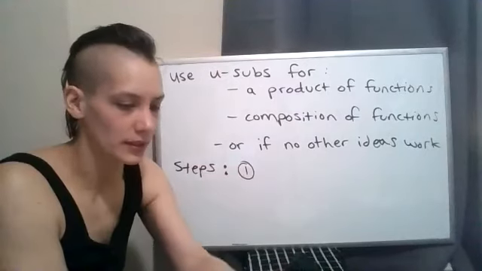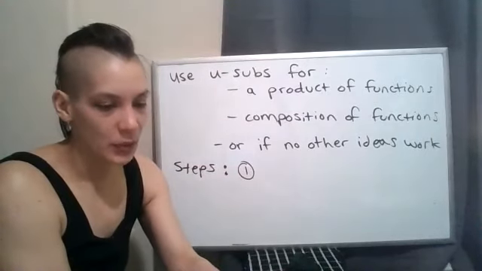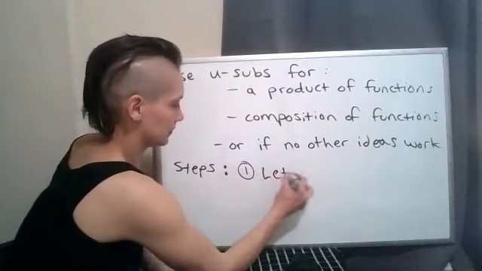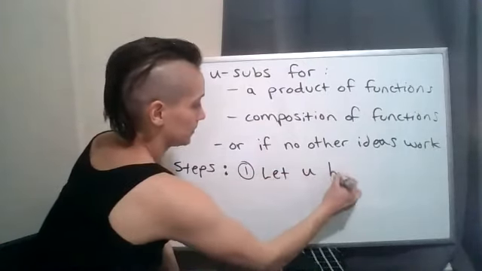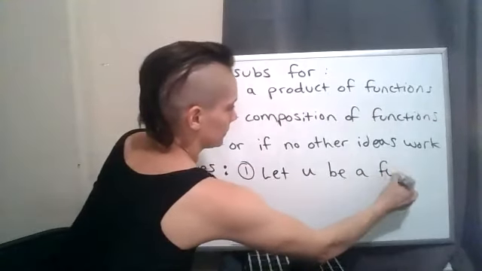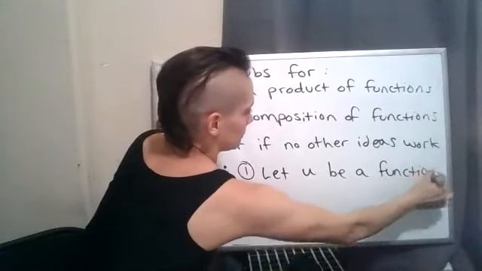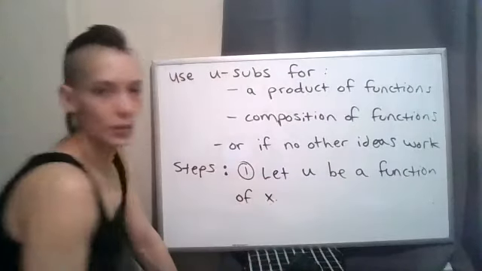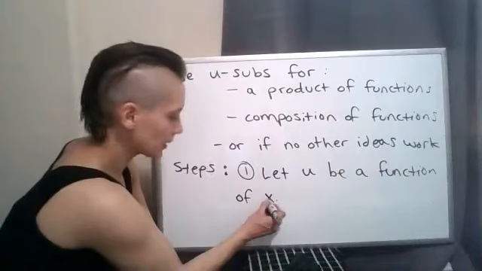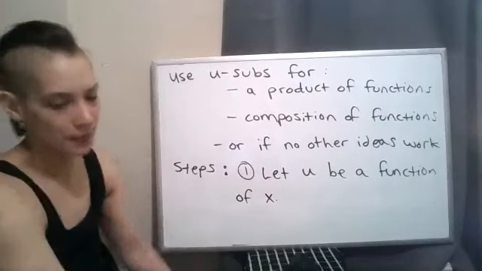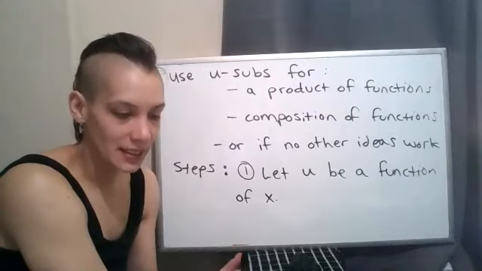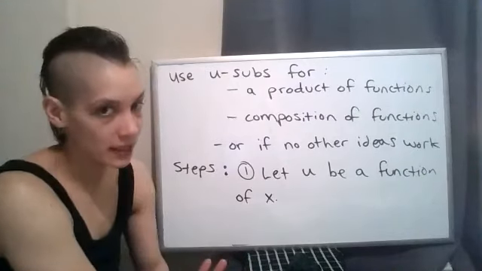So we will let u be a function of x, or whatever variable that you want to integrate with respect to. Number 2, solve for x and dx in terms of u and du.